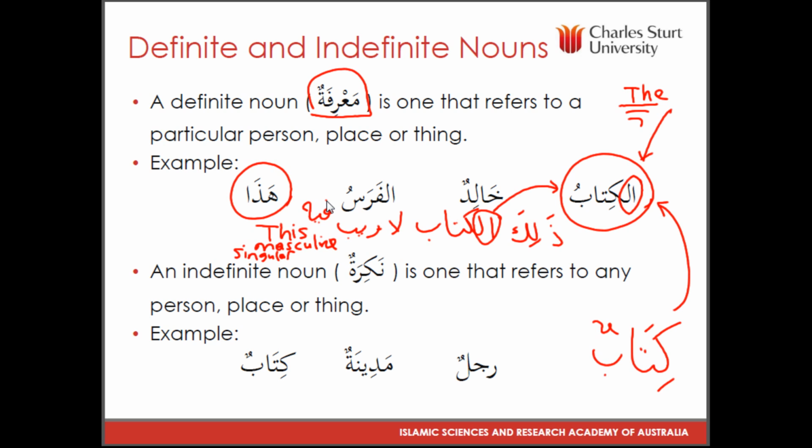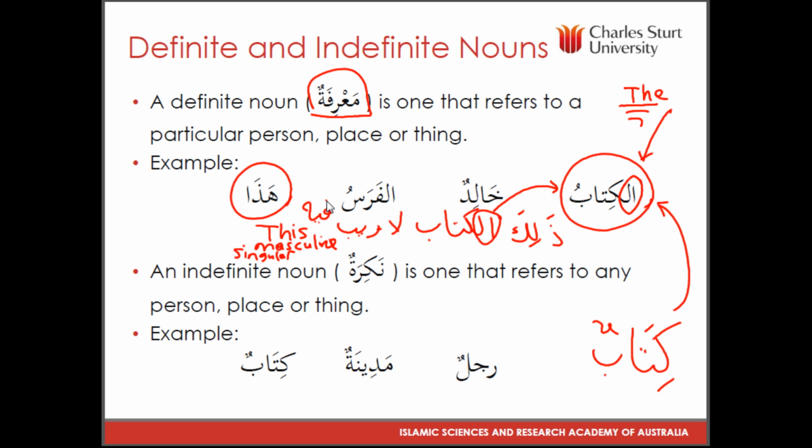Al-Kitabu, it is not any book; it is the revealed book to a specific person. It has a certain message to humanity, with no doubt. So because of this al, I know that this book is special, definite, has certain qualifications. It is not any book.